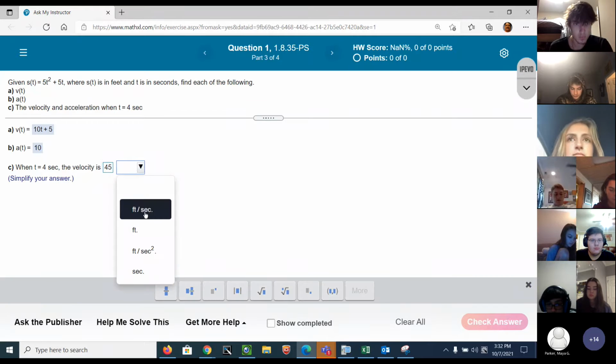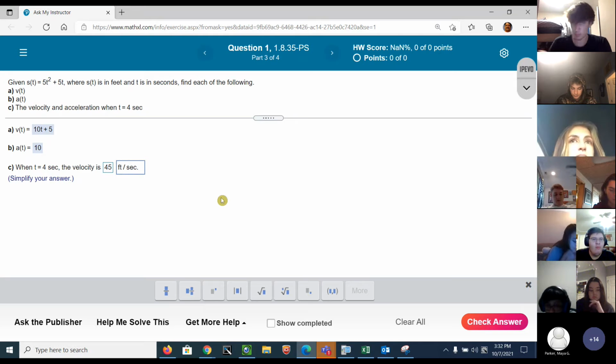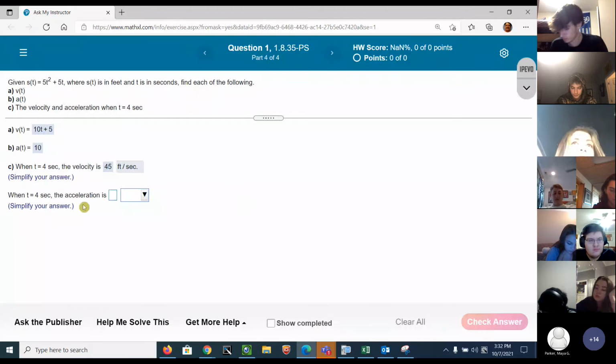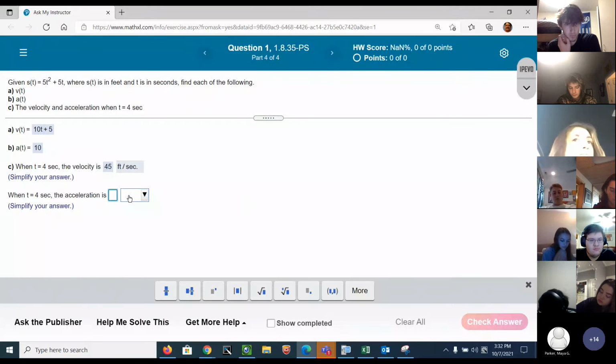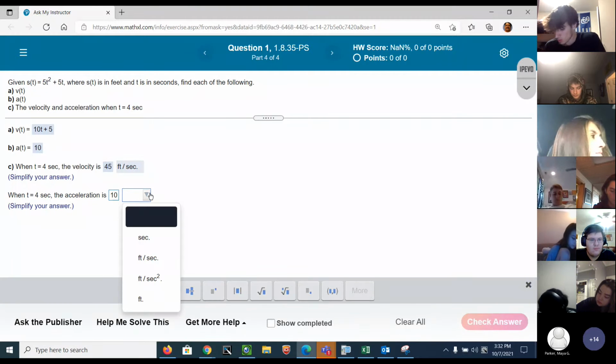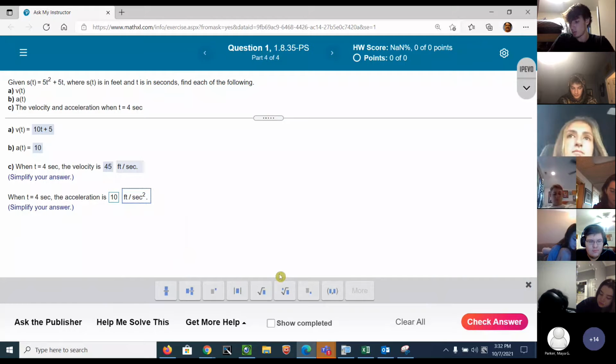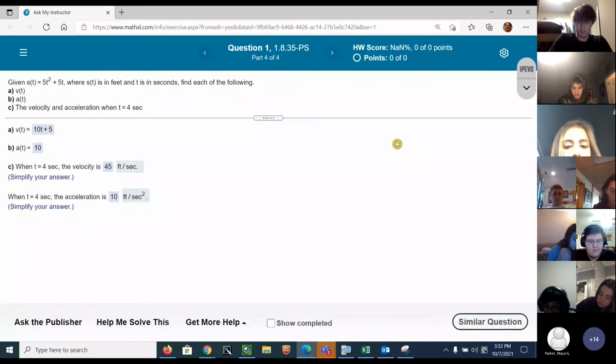And that would be feet per second, because when you're doing the velocity, that's in feet per second. But when you do acceleration, that's going to be 10, and that's feet per second squared. And that's all of 1.8 questions.